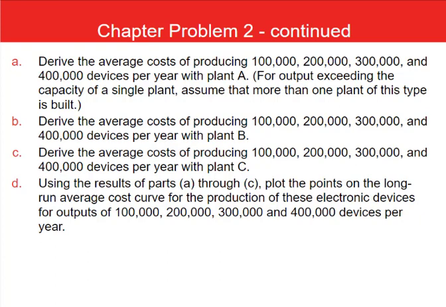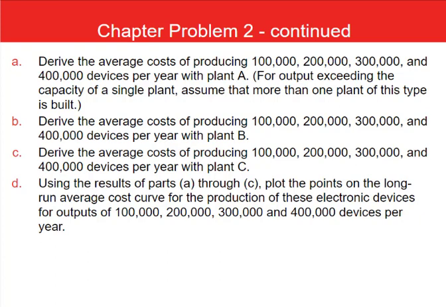For the last 2 quantities, output exceeds the capacity. So for those, assume that you can build the same type of plant A additionally that preserves the same cost specification as I mentioned earlier. You do the same thing for question B and C, for plant B and C respectively.